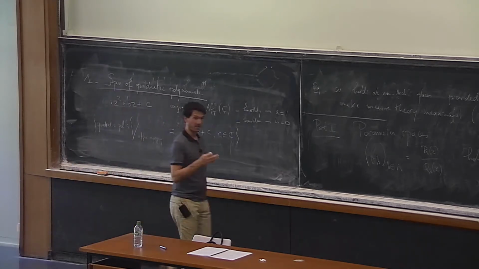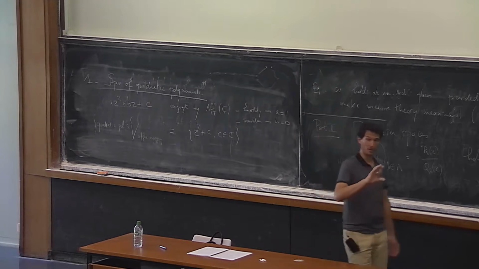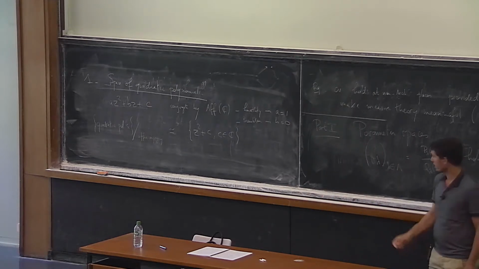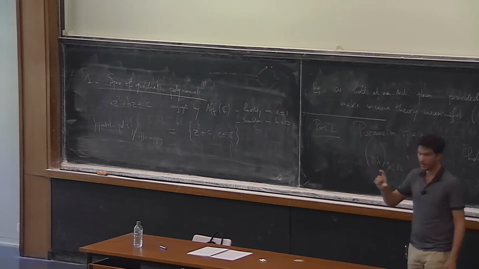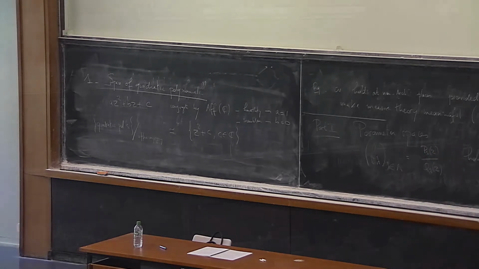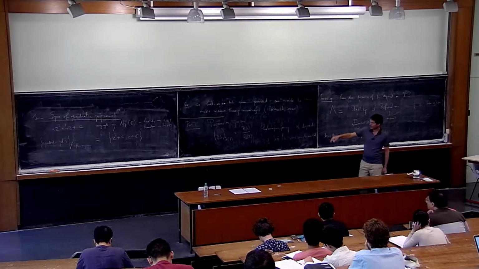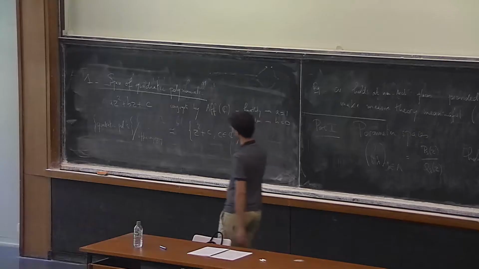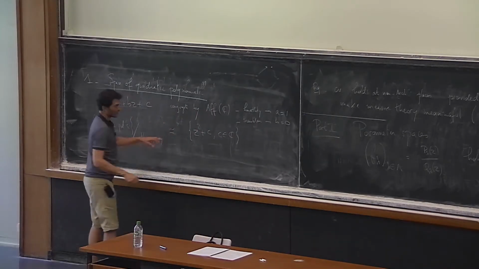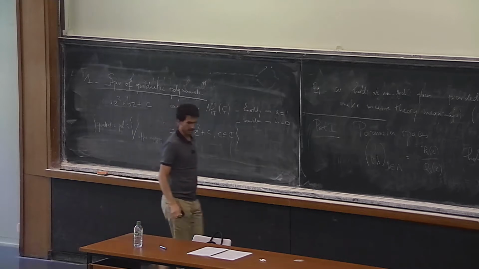And actually, this representative is unique, except for c equals 0 when you have an additional symmetry. For c equals 0, the mapping z squared has an additional symmetry, which is just z goes to minus z. So this bijection here is true, except for c equals 0. But you don't care about this.